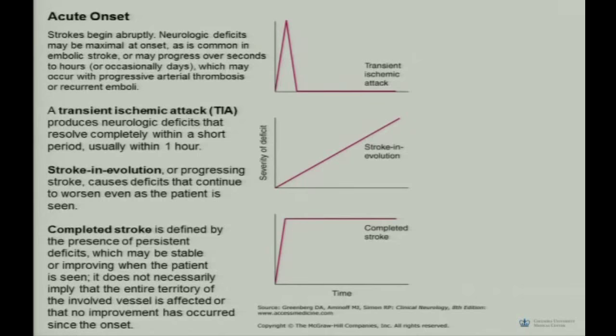If the person woke up and had a deficit, you couldn't give them tPA because you didn't know when the event occurred. But then recently they've been pushing the window out a little bit further. I don't think it's officially documented at 4 hours yet, but they're moving it.